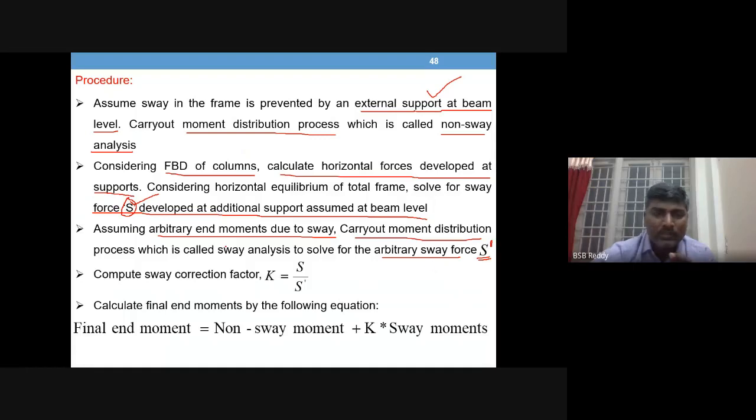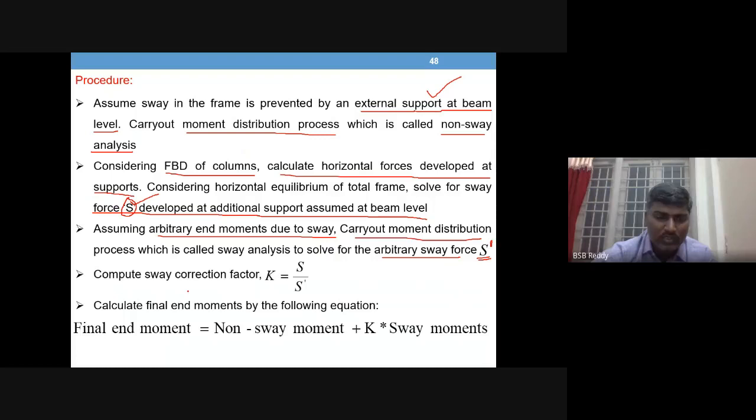Okay, because you have assumed some moments because of sway, you don't know how much the frame is going to sway. If you know the sway value, then you can calculate the moments exactly. Okay, so arbitrary moments you assumed, hence you will get arbitrary sway force, right?